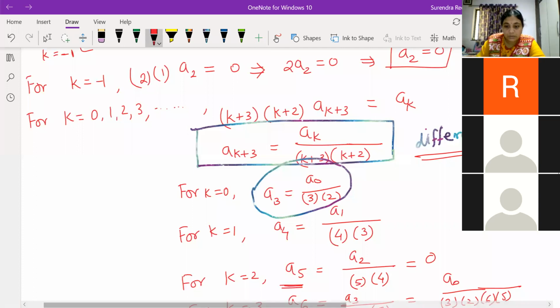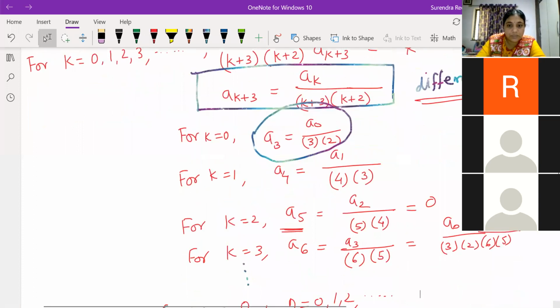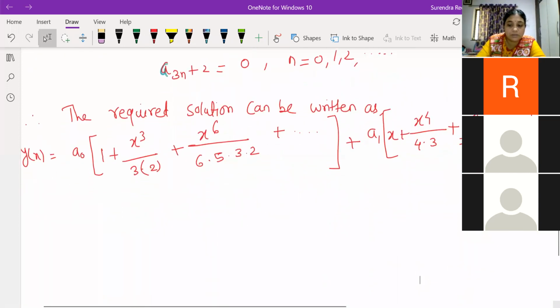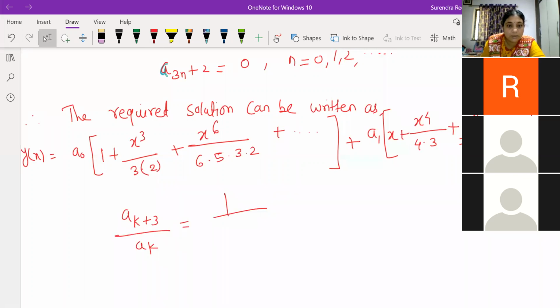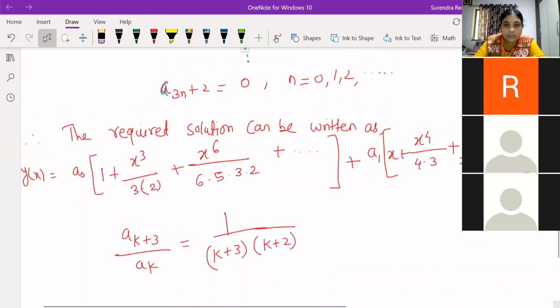Now, you can see the solution converges because what is this relation we got here? A(k+3) divided by A(k) is nothing but 1 upon (k+3) into (k+2). What relation we got?